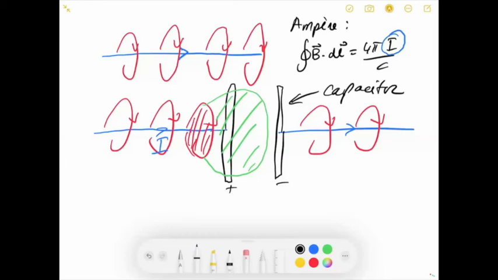Now, that motion will be left-moving negative charges, aka a positive current going to the right.